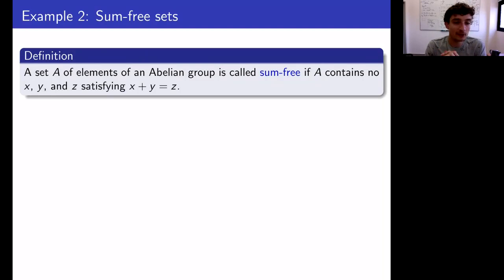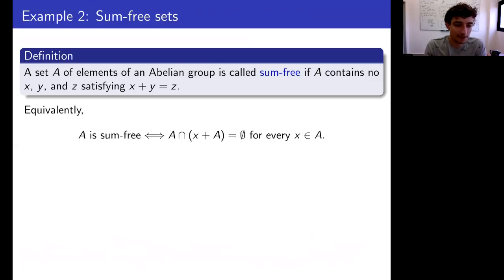I'll call a set of elements of an abelian group sum-free if the set contains no triple of elements x, y, and z such that x plus y equals z. An example of such a set would be, say, the set of all odd numbers. Since odd plus odd has to be even, I cannot form a sum using three odd integers.